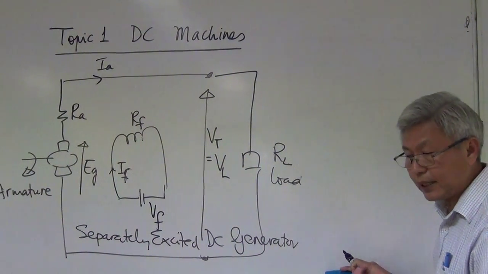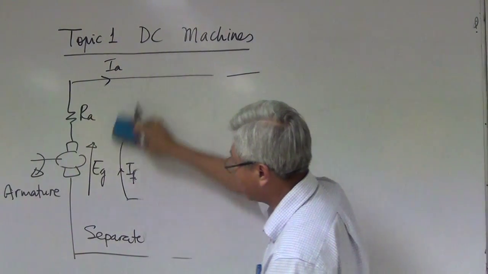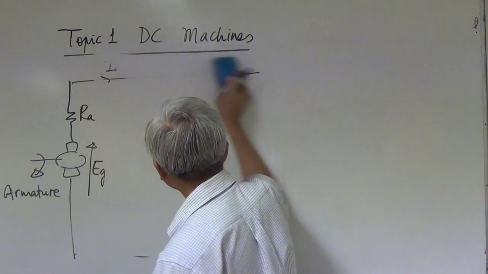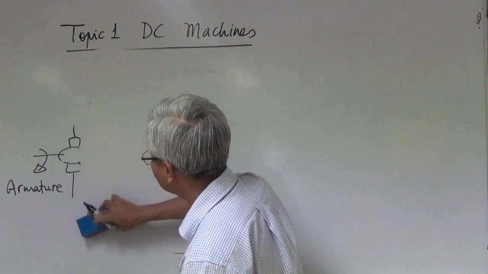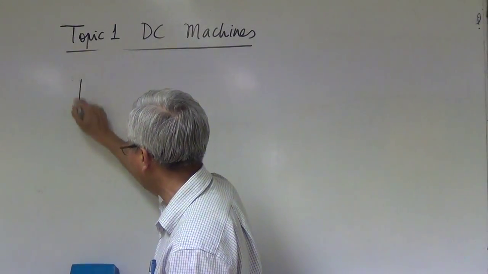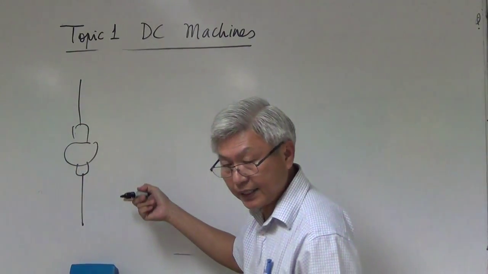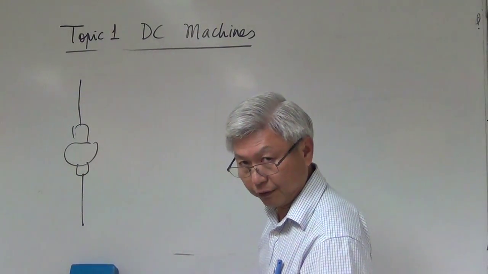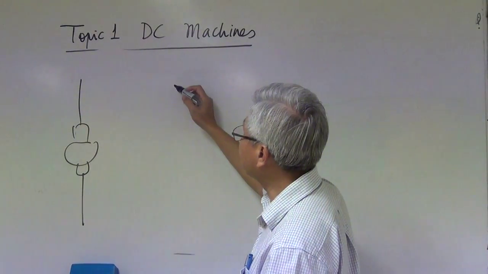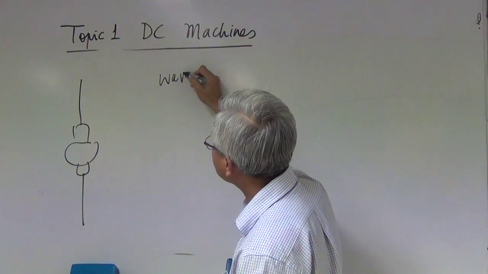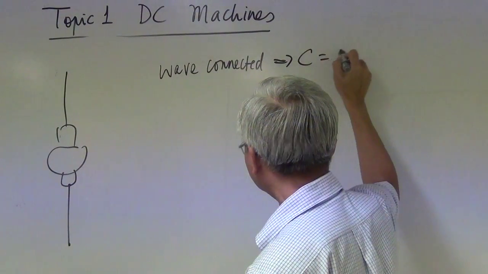The next thing about the separately excited generator is the internal structure of this armature. We say this is the armature. What is inside it is actually the parallel paths. Conductors have been organized together. Say for example, this is wave connected. So we know how many paths? 2 paths.